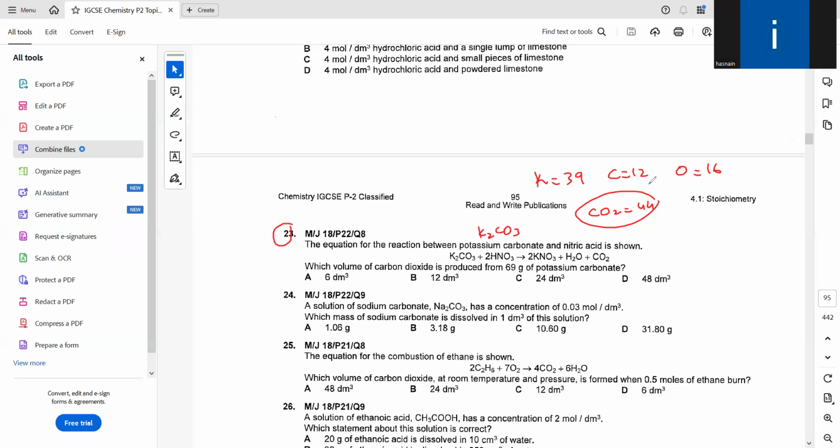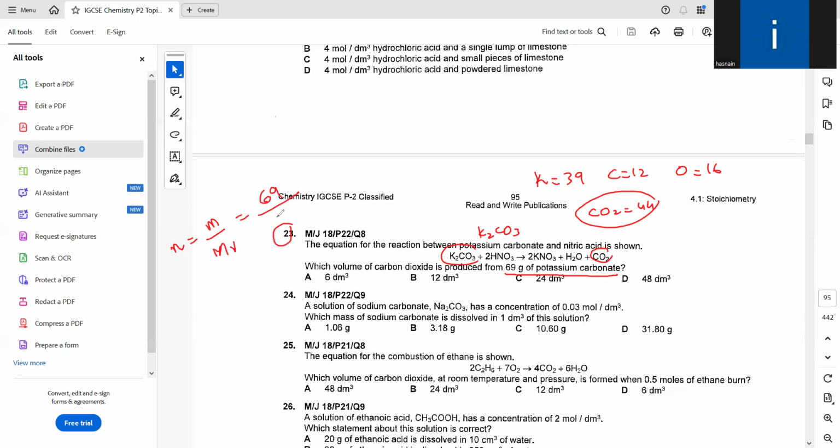Hasn't done? Anmol done? Okay, that's okay. Anmol, are you with us? Yes, sir. The question talks about the volume of carbon dioxide and mass of potassium carbonate. So as usual, since we have mass, we find out moles, right?